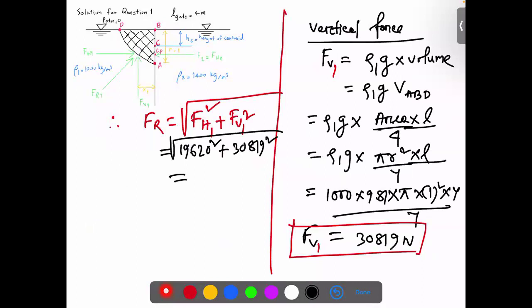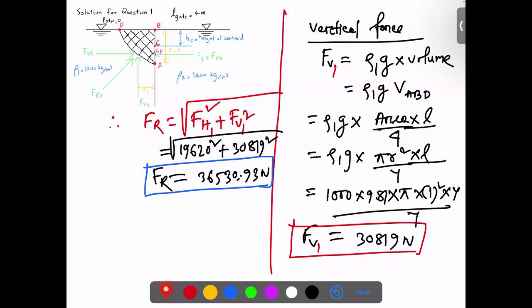The final value will be 36,503.93 Newton. You can calculate this value and see whatever you got. I believe this is the answer, 36,530 something. So this will be the resultant force.